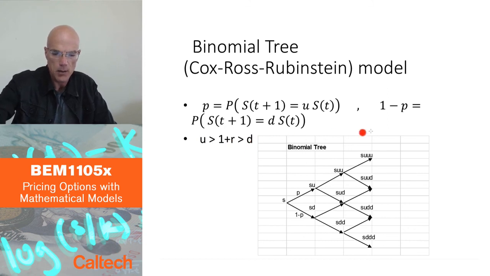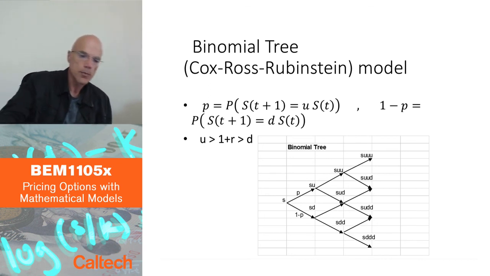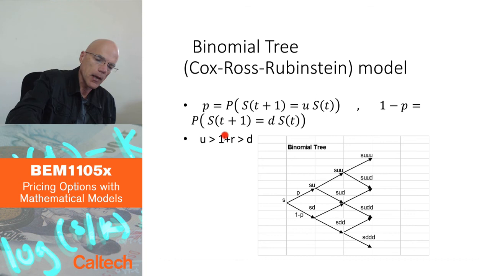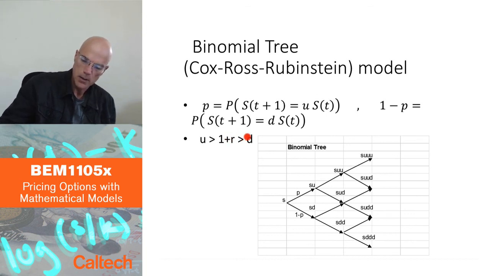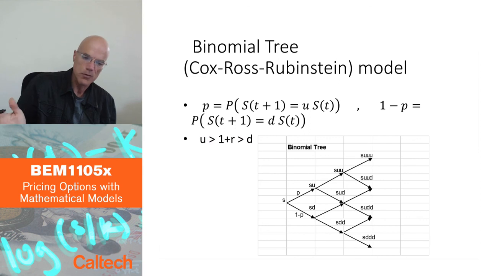If you think about it a little bit, this is actually the no arbitrage condition. This simply means that the bank is sometimes better than the stock. If the stock goes down, the bank is better. And if the stock goes up, the bank is worse. Otherwise, we would have arbitrage. Intuitively, why? Well, because if the stock was always worse than the bank, you would just sell short an infinite amount of stock, or as much as you can, and put all the money in the bank and make arbitrage money.